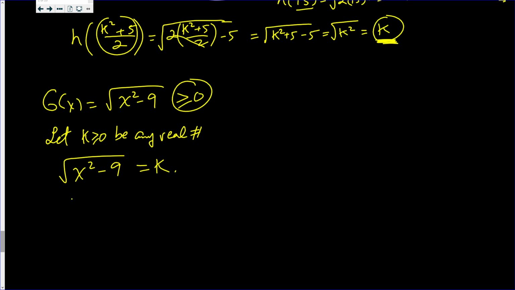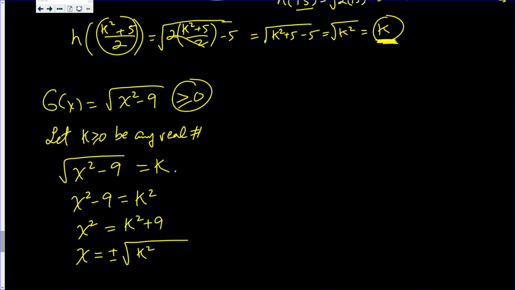Well, square both sides. X squared minus 9 is k squared. Add 9 to both sides. We get that x can be plus or minus the square root of k squared plus 9. Now, the least k squared can be is 0.